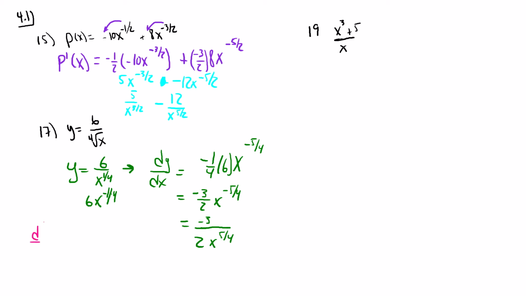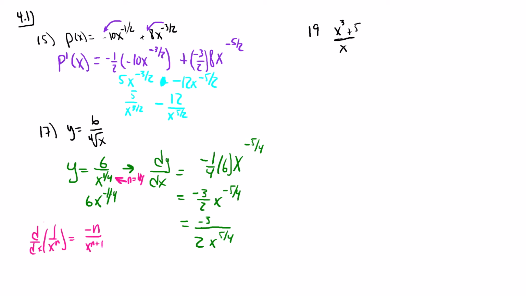We also had a power rule for taking the derivative of 1 over x to the n. It was negative n over x to the n plus 1. So in this situation, n is 1/4.